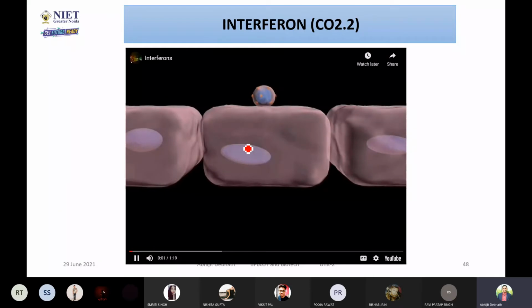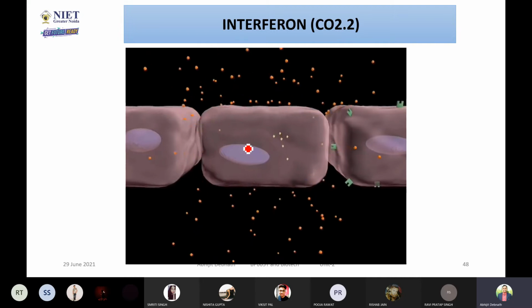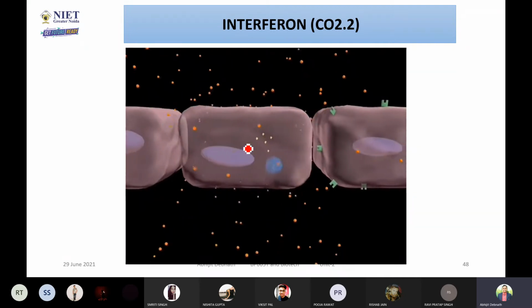The immune system has several defense mechanisms against viral infection. Here, a virus binds to its target cell. As we saw, it fuses with the host cell and releases its genetic material into the cytoplasm. When the foreign genetic material enters the cell and starts to synthesize viral products, the cell is stimulated to make alpha and beta interferons.